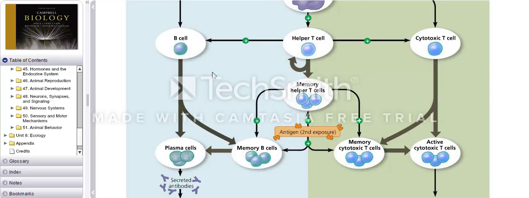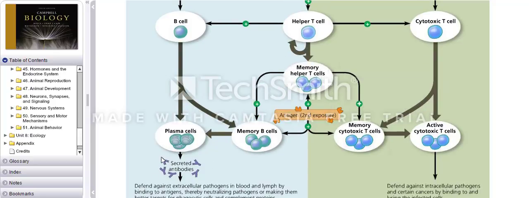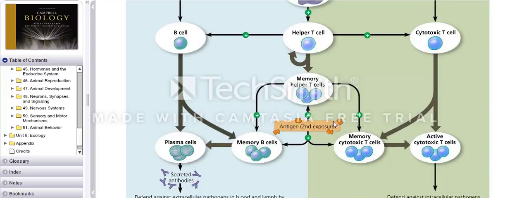These helper T cells can activate B cells, and this line represents proliferation into plasma cells and memory B cells. Plasma cells secrete antibodies. You can activate memory helper T cells upon a second exposure. You make memory B cells, and you make memory cells in general for the second exposure, so that you can have a quicker recovery time.